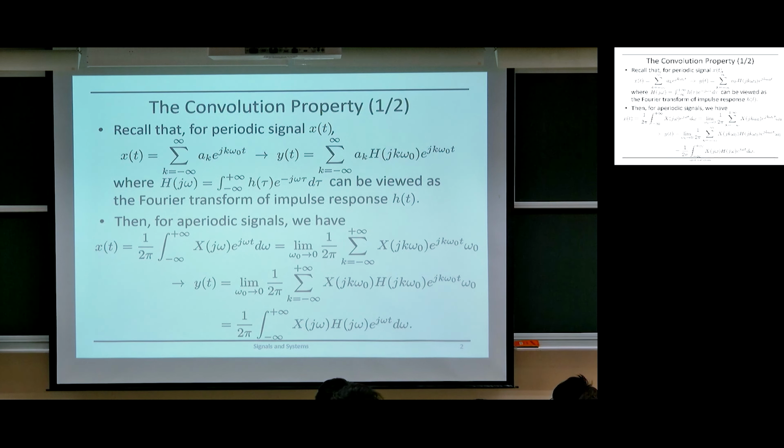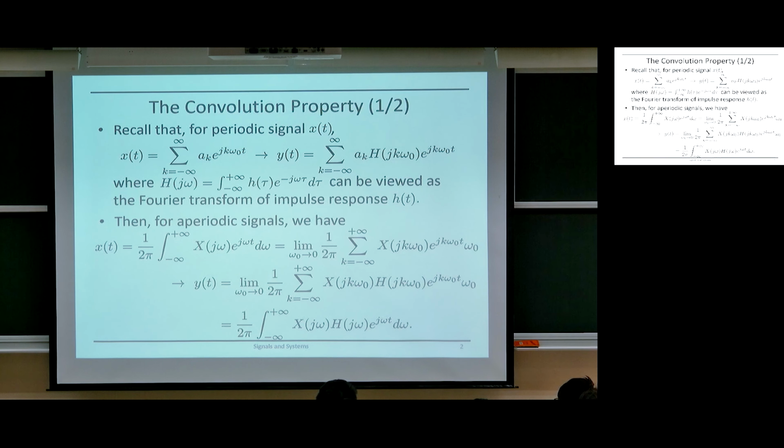Okay. And we showed in previous chapters that this frequency response you can compute by taking the integral of the impulse response times e to the minus j omega tau d tau. Okay? So over there in the previous chapter, we just showed that this is how you can obtain the frequency response.